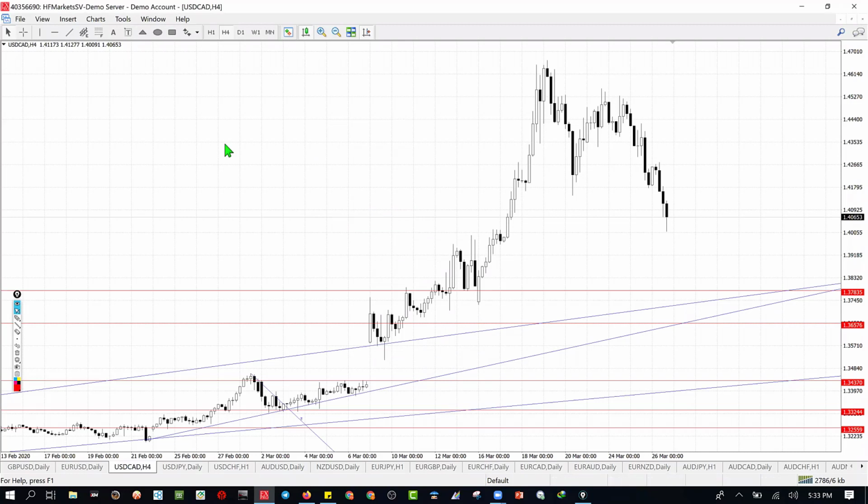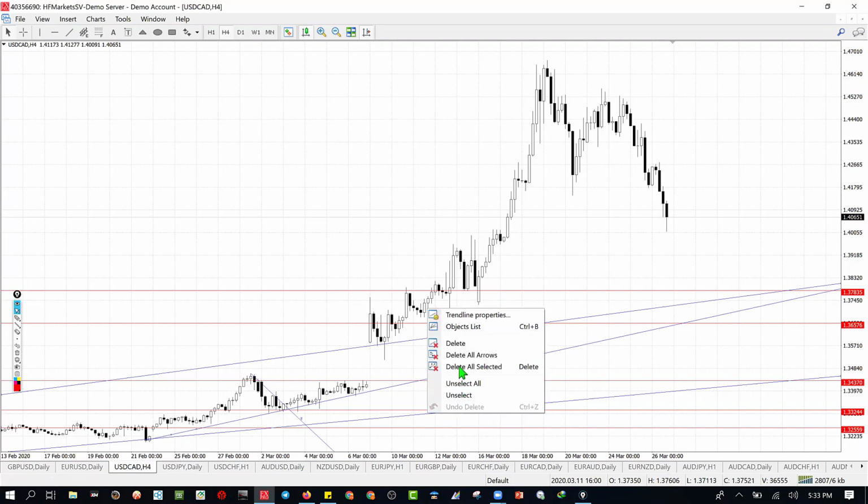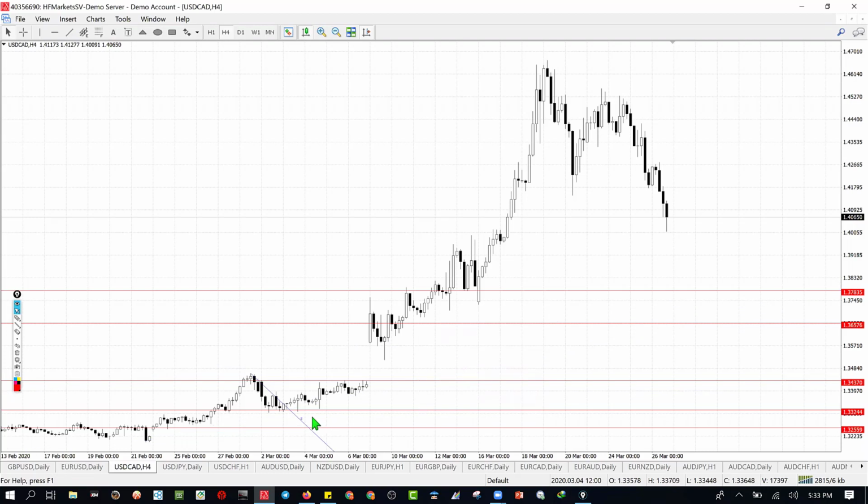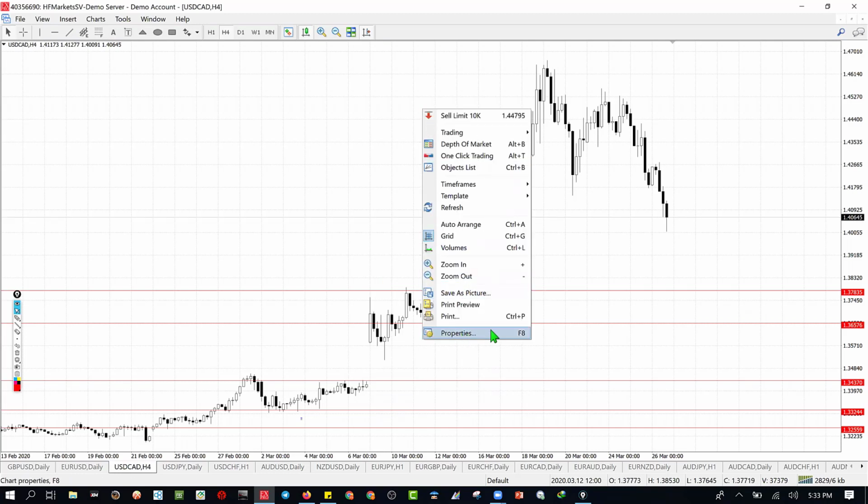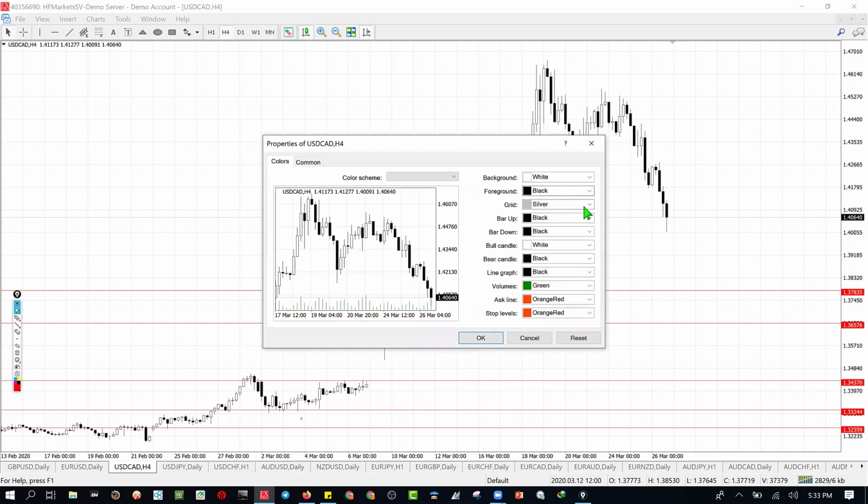Delete all selected. I want to remove this grid line, so I want everything plain and clean.